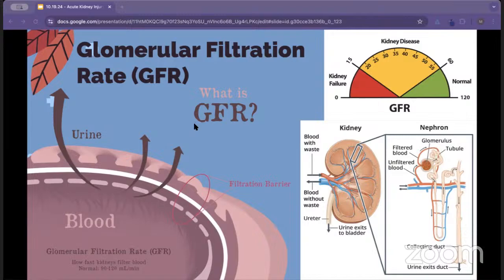Also, very recently, ethnicity has been a topic of discussion because there have been differences in reported GFR values for African Americans and non-African Americans, but there have been many pushes for these adjustments to not really be clinically valuable. If you're interested in learning more about that and about social determinants of health, please look it up.